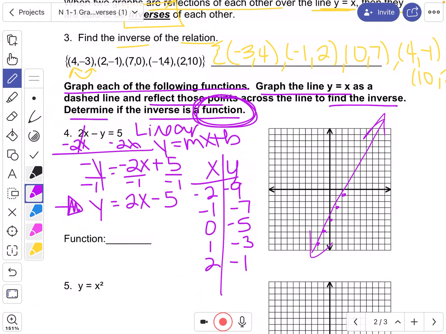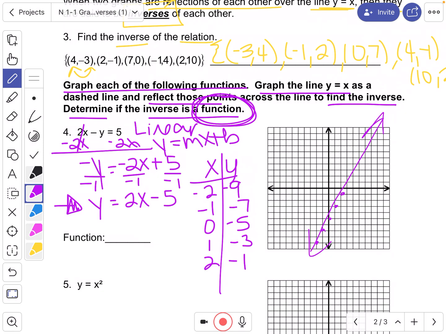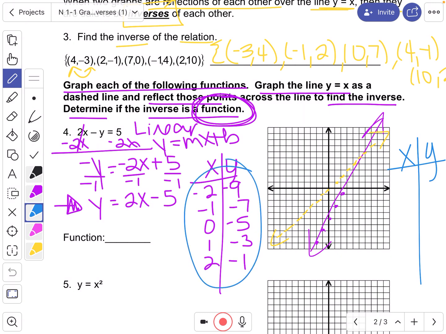Okay, so we graphed the relation, which is the original here, and then we're going to graph the line y equals x. So remember, make sure that's a dotted or a dashed line. Okay, and then we're going to reflect the points. So we did on the front, we reflected the points on the front. So all we have to do is just switch these x and y coordinates.